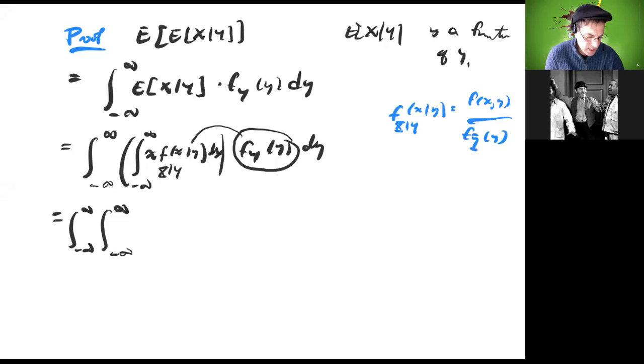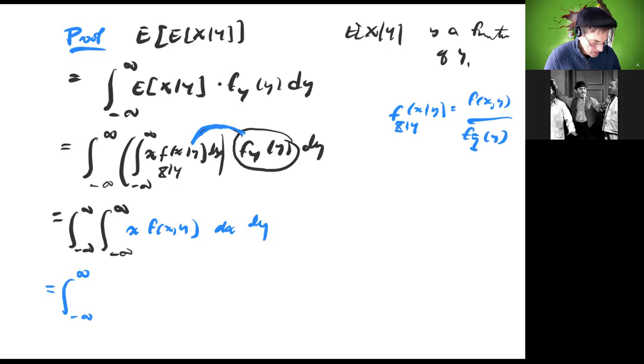So when we multiply these two terms together, I get x times f(x,y) appearing, and then there's a dx, and then there's a dy. Now, if we rewrite the integral in this way, we'll bring the x out, and we integrate away the y variable first.